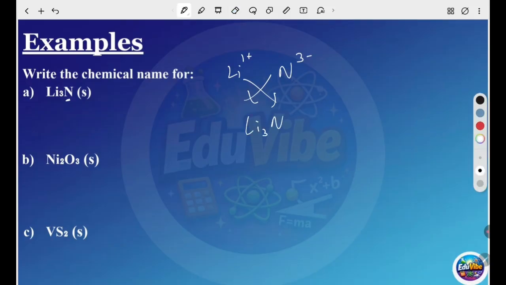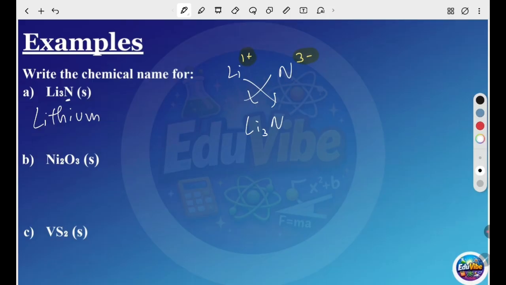Firstly we have to name the cation, and the cation is the positively charged one. So this one is positively charged, so lithium. The first one is our lithium. Then we have to name the anion, which is nitrogen.